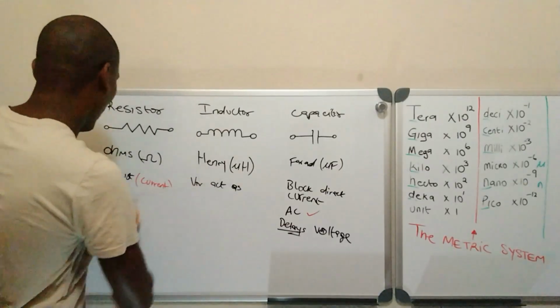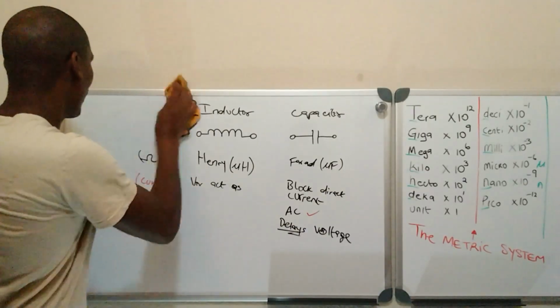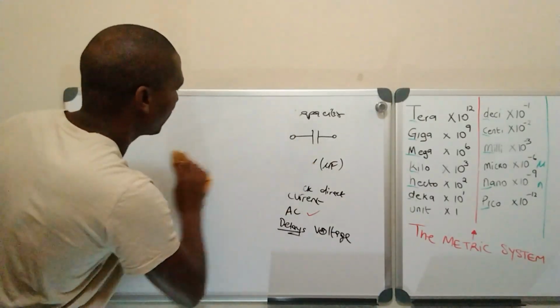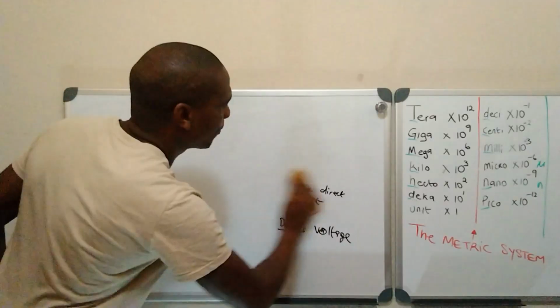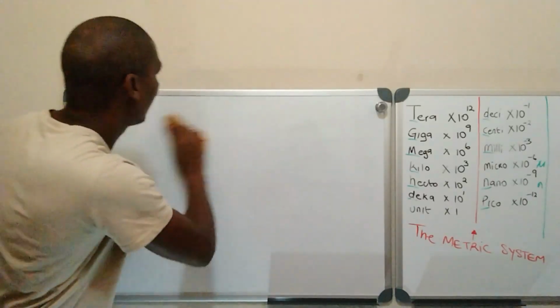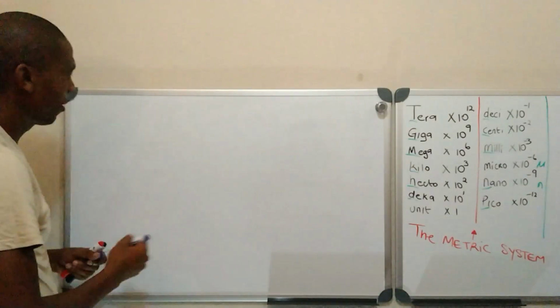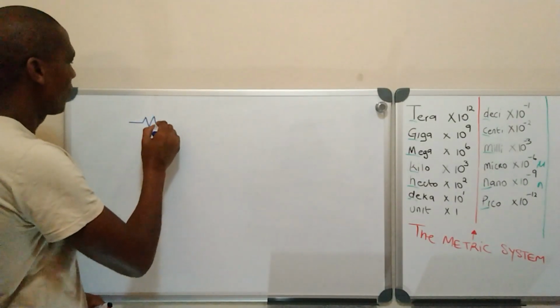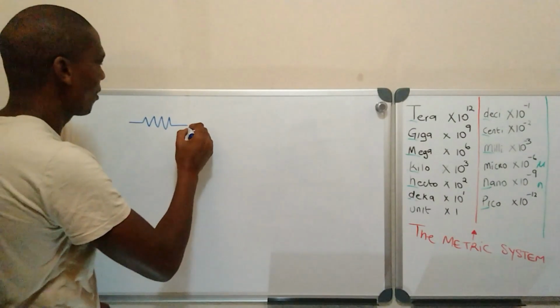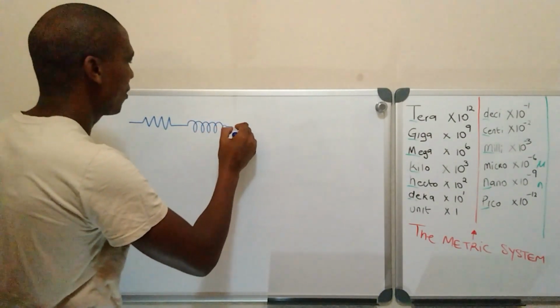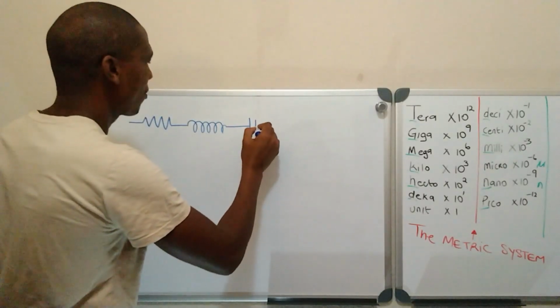So let me show you what an RLC circuit looks like. This is my resistor, this is my inductor, this is my voltage.